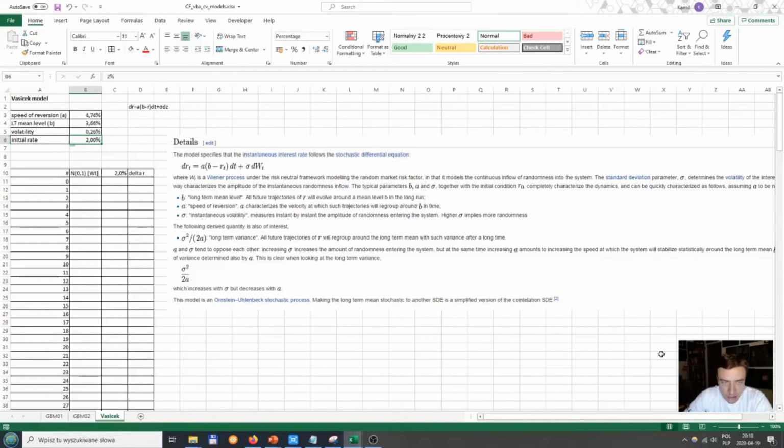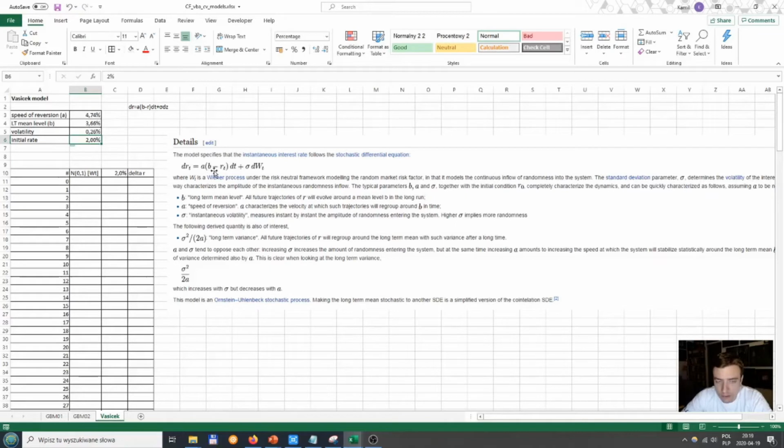In this technical introduction, all these assumptions are given. We will just use the formula that shows us what's the change in interest rate. So the change in interest rate is equal to, in brackets, the difference between long-term level and current level.